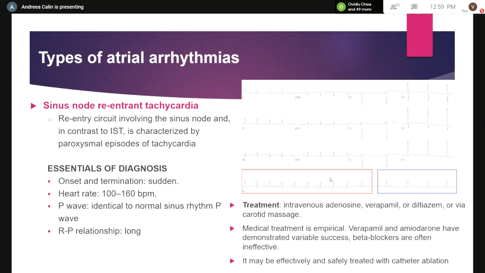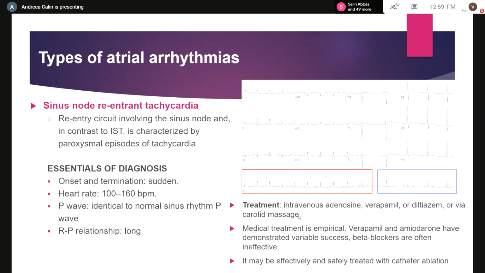But the treatment, if we can identify this kind of tachycardia that is basically diagnosed by electrophysiological study, we can give intravenous adenosine, verapamil or diltiazem, or we can perform a carotid sinus massage as a vagal maneuver. But the medical treatment on the long term is empirical.